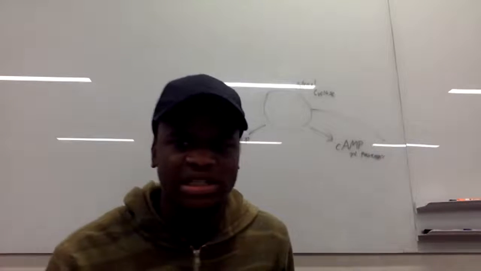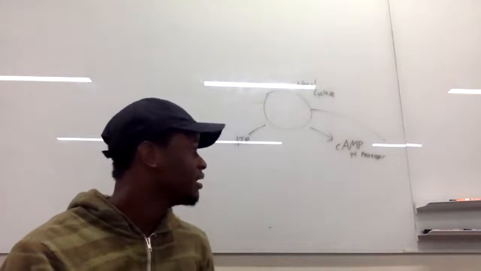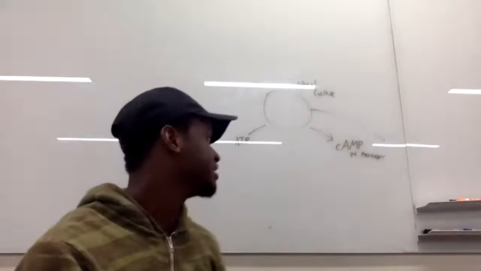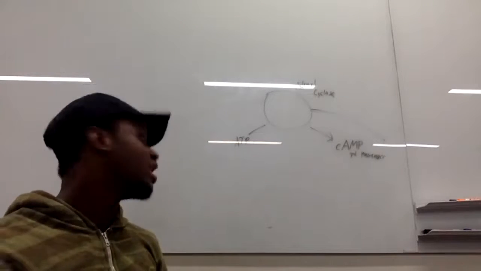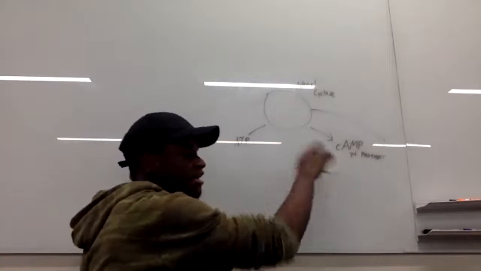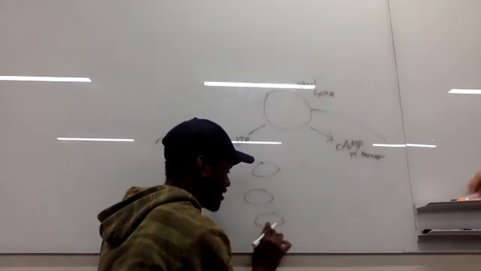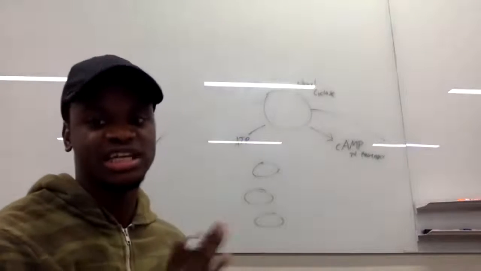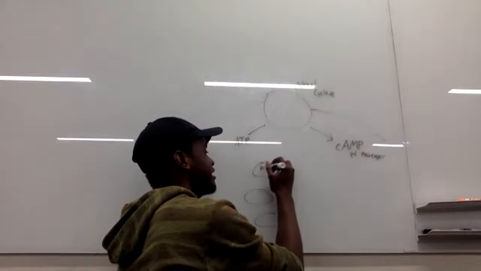So going back to the question, the role of second messengers in the signal transduction pathway in reference to the phosphorylation cascade. The cAMP is the second messenger of the pathway. So following this part of the pathway, we have our phosphorylation cascade. But in order to initiate the phosphorylation cascade, this first protein kinase needs to be activated.